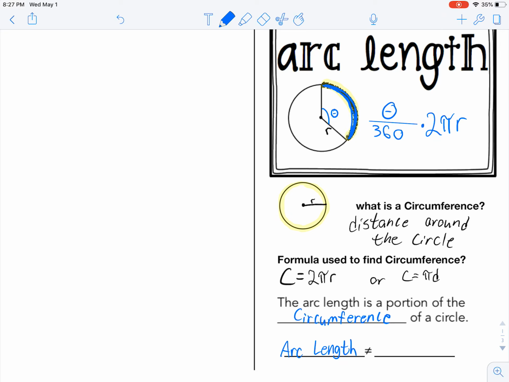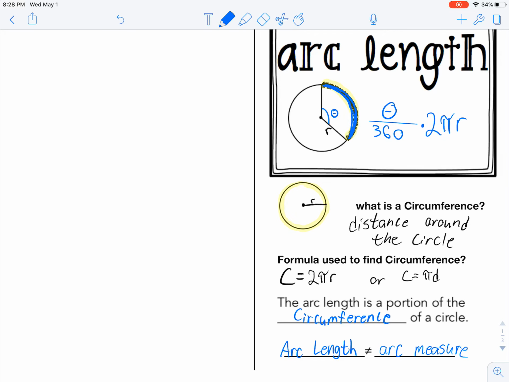Arc length does not equal arc measure. Remember that. That's very, very important. So if we're talking about finding the measure, you're going to use the skills that we did yesterday to find the degrees and those tricks about the whole circle and part of the circle. Today, we're going to focus on the length of that arc.